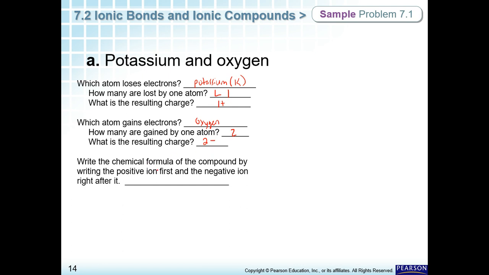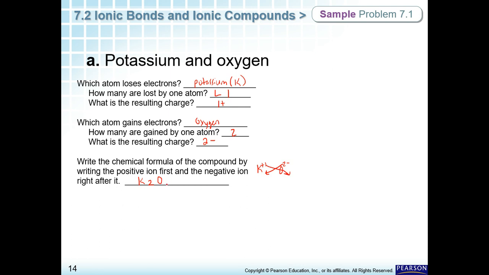When you go to write the chemical formula, I highly suggest on the side you write your 2 symbols, K +1, oxygen 2 negative, and then what you need to do is cross them. Here, the 2 would come down on the K, so K gets written first because it's positive. The 2 comes down here, and then down here you write the O, and then a 1 comes down.